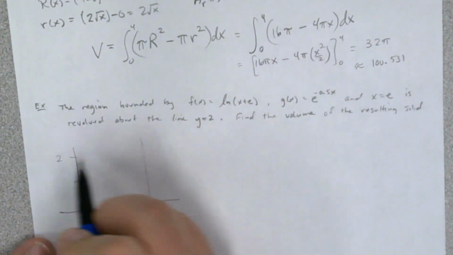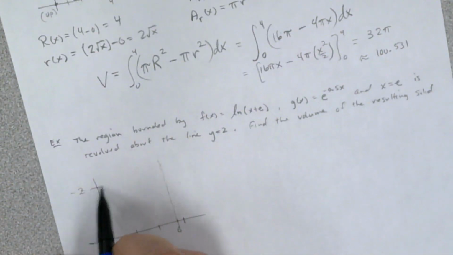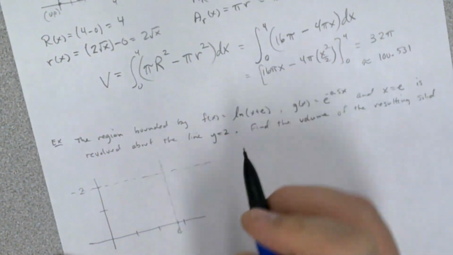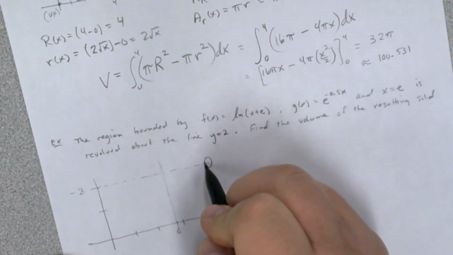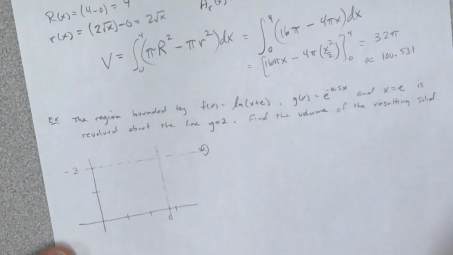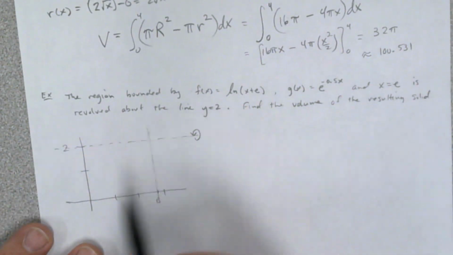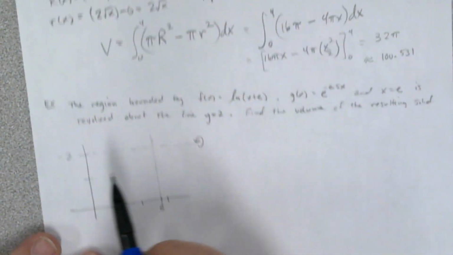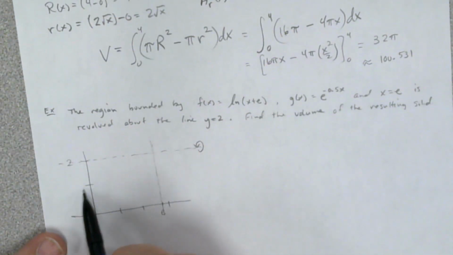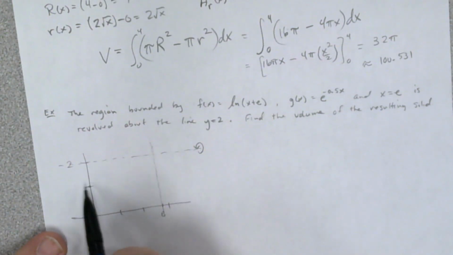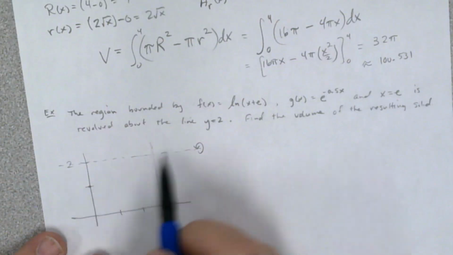Here's the line 2. Usually I draw the axis of revolution as a dotted line because it's not really part of my curve. So doing all this and drawing these pictures out, basically what happens is these two graphs are going to cross right here at 1. And it doesn't go all the way up there.